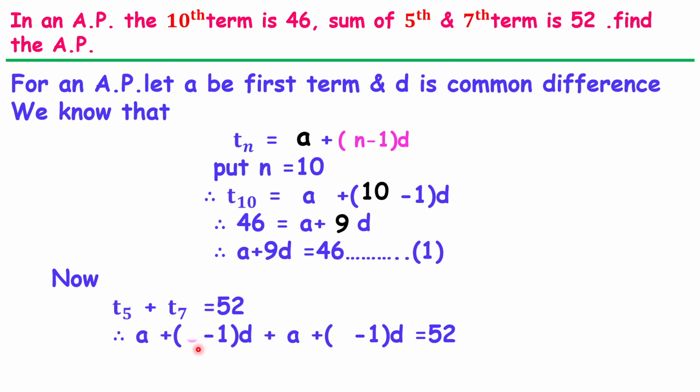We take n is equal to 5 here, minus 1 into d plus T7 is nothing but first term A plus into bracket value of n is equal to 7 minus 1 into d is equal to 52. इथे आपण डायरेक्ट यूज केलेलं आहे T5 म्हणजे A plus 4d आणि T7 काय सांगता येईल A plus 6d is equal to 52. A plus A is nothing but 2A and 4d plus 6d is nothing but 10d. Therefore we will get 2A plus 10d is equal to 52.